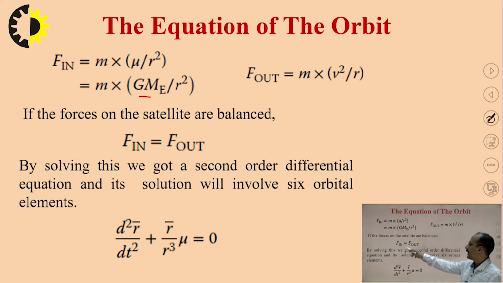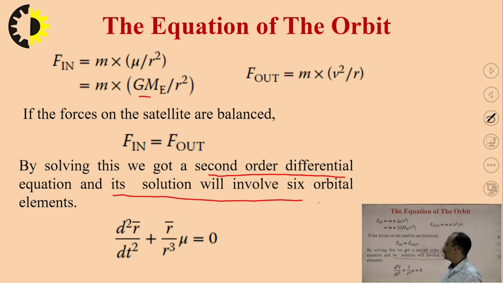Now when F in is equal to F out, then by placing all these terms in the equation, we will get a second order differential equation, and its solution will involve 6 orbital elements. Means by solving this equation we will get d square r upon dt square plus r upon r cube mu is equal to 0.